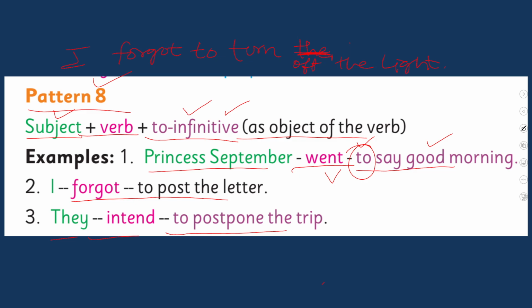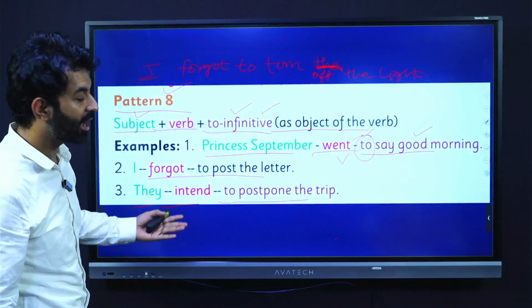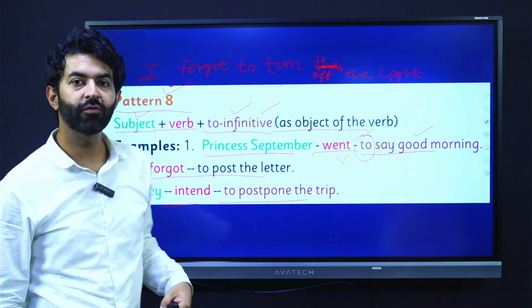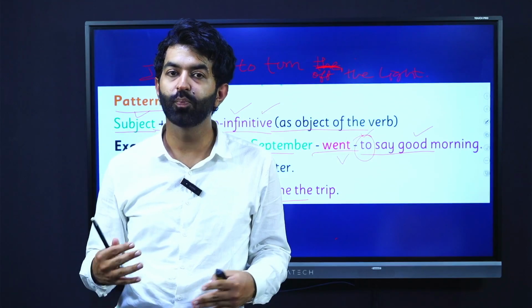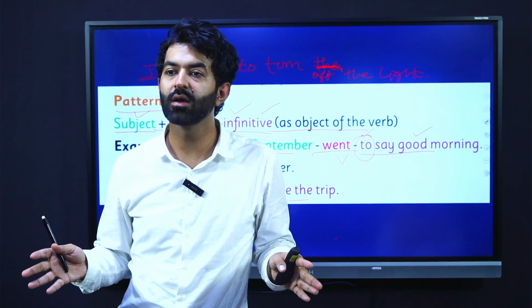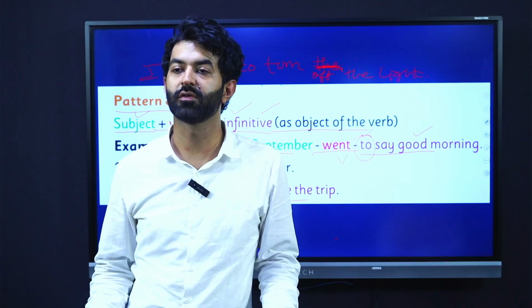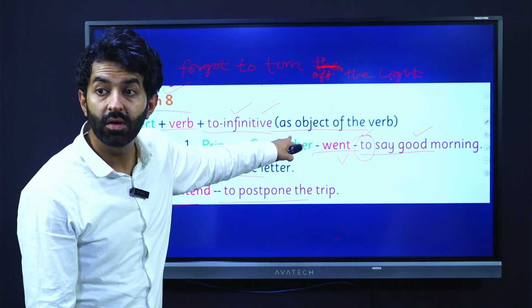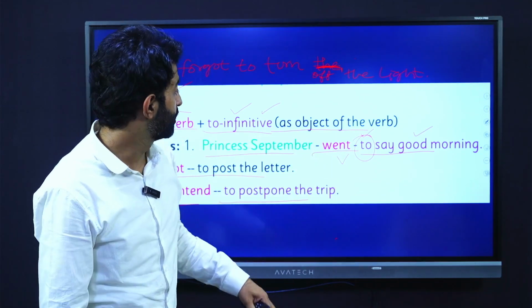So does it fulfill our sentence pattern? Yes. We have a subject, we have a verb, to turn off, to play with, to put off. All of these are infinitives. So infinitives आएंगे, and infinitives are actually working as object over here.